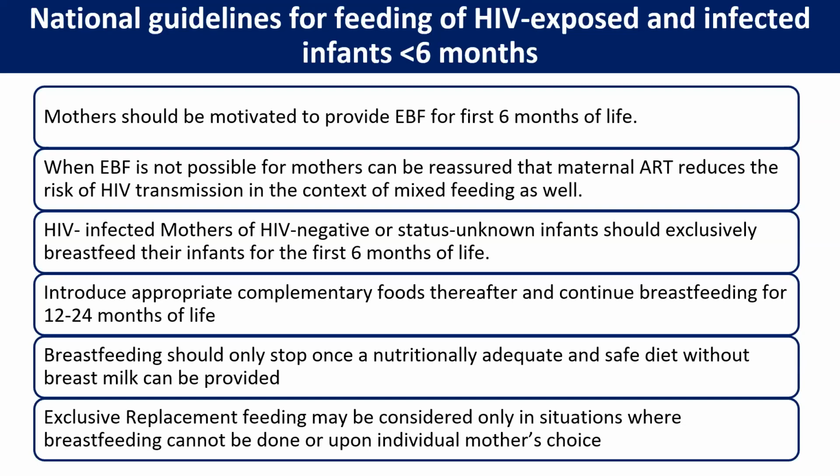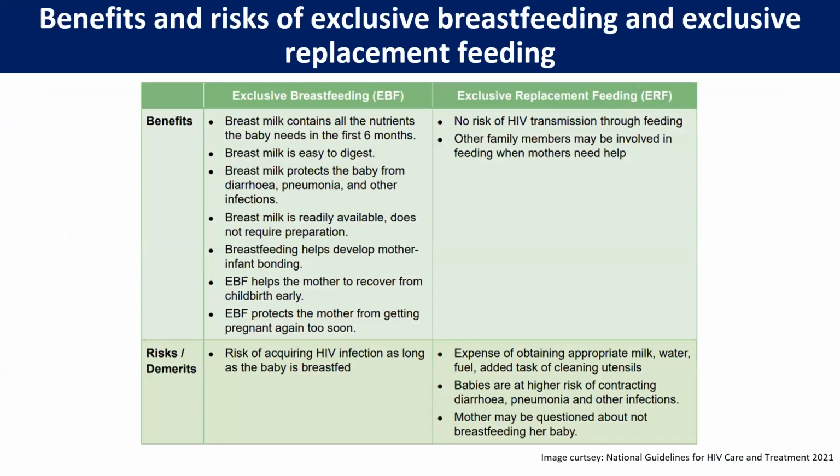But as a norm, exclusive breastfeeding is the recommended feeding choice and the recommended public health strategy to prevent HIV infection and promote the general health and well-being of the child, even in the context of HIV infection in the mother. Now, what are the benefits and risks associated with breastfeeding and replacement feeding?